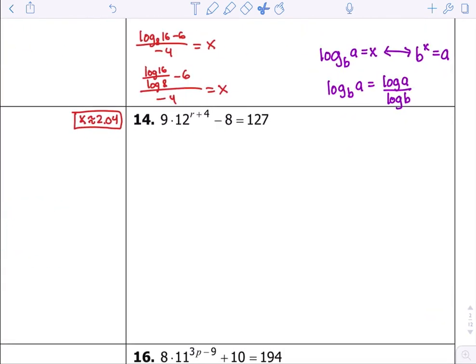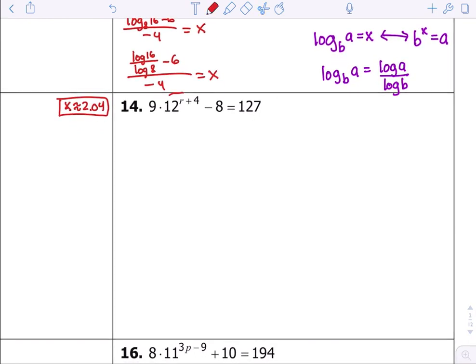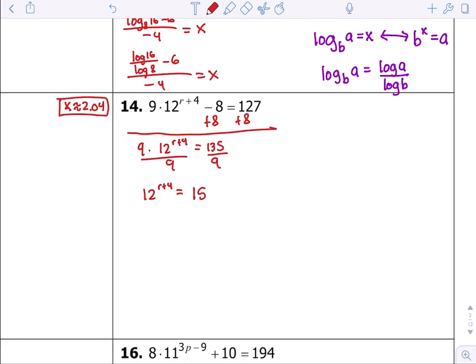That means we need to isolate this right here, so we need to add 8 to both sides first. 9 times 12 to the r plus 4 is equal to 135, and then divide both sides by 9. 12 to the r plus 4 is equal to 15. And now let's change it from exponential form to log form.